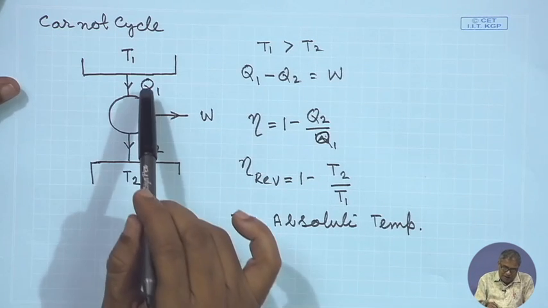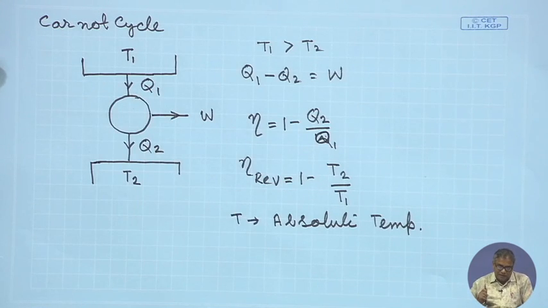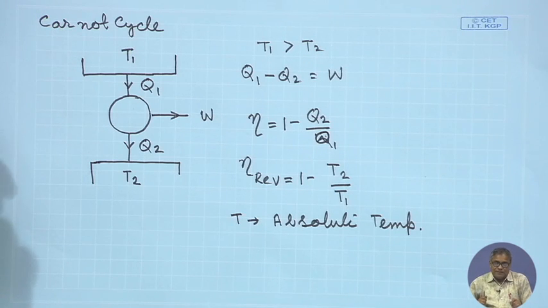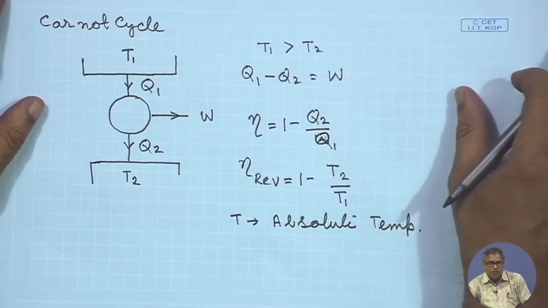So, there must be heat transfer, but this heat transfer should not be across a finite temperature difference. So, the only possibility is that this heat transfer has to take place isothermally. That means, this heat transfer has to take place at a constant temperature.